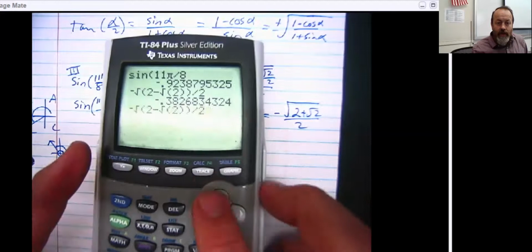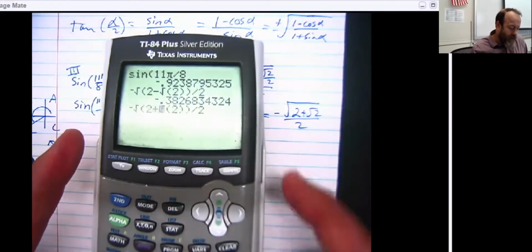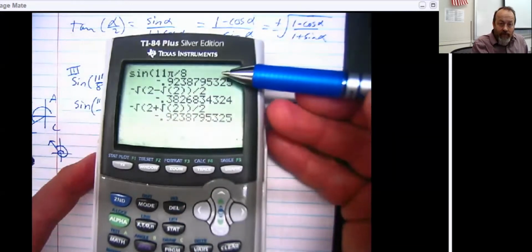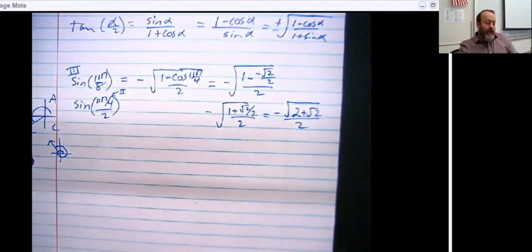So let's try that again. Let's make this a plus in here because there was supposed to be a plus right there. Looking at my own answer, that does give me the answer that I thought I should have from the beginning. So as long as you type things appropriately, it works well.